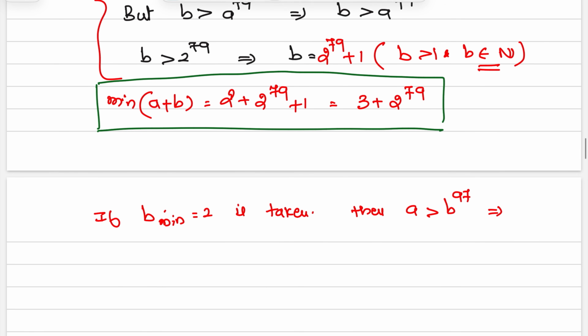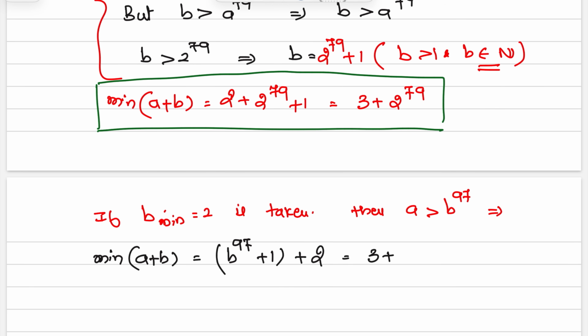That implies a plus b minimum is equal to, a will be b to the power of 97 plus 1, plus b minimum is 2, that is equal to 3 plus b minimum is 2.